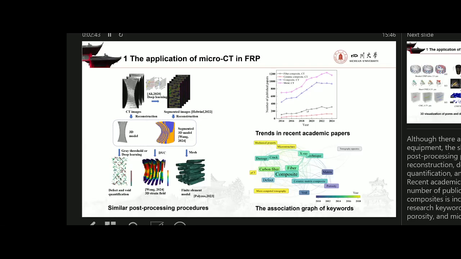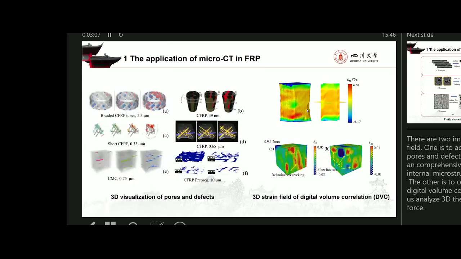Looking at the trend of the field, in recent years the CT and FRP keyword papers are increasing, and the keywords are defect, micro construction and porosity.